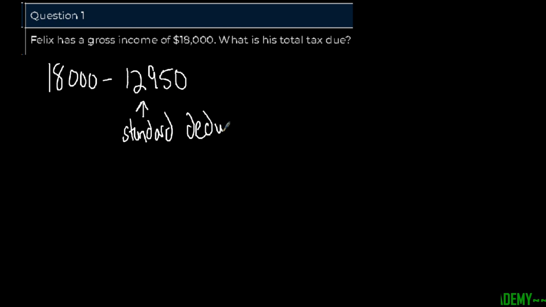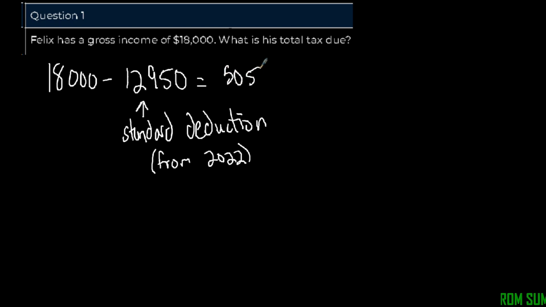I think this is from 2022, but that's okay because we're just going to be practicing this. And so this is going to be equal to $5,050, which is going to be the taxable income.